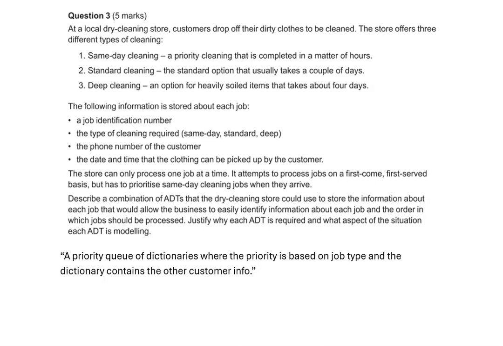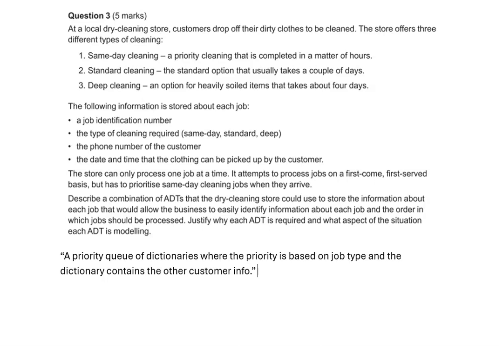Now, problem with this, again, let's imagine we are in the dry cleaning shop. We need to be able to easily identify information about each job and the order in which jobs should be processed. Now, look, it's not made super clear, but if you imagine you're in a dry cleaner, simply knowing the next job you have to do is not enough.